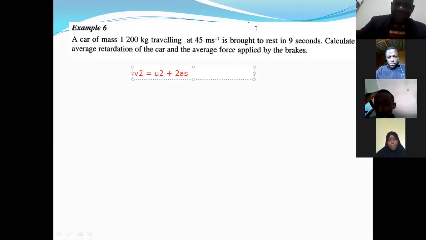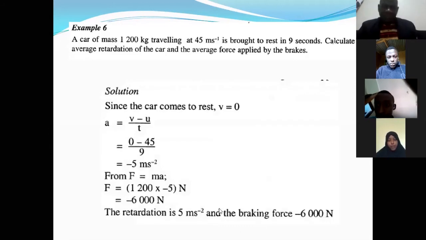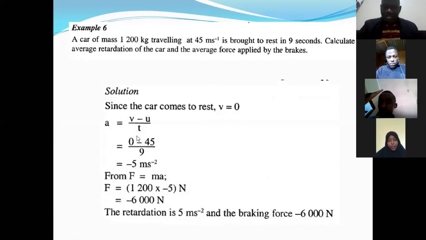So let's wind up. Our time is now up. Let's check and see who is right. Since the car comes to rest, the final velocity is 0. So the average retardation will be -5. And for the average force, you have F equal to ma, so we have -6,000 newtons.